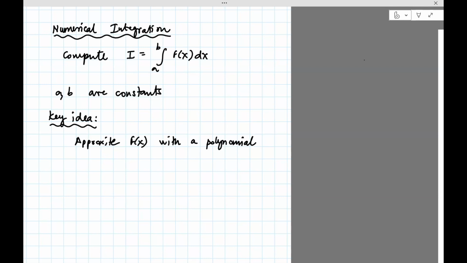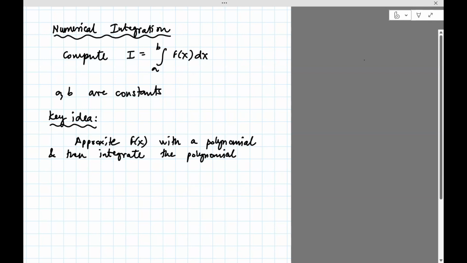We know how to compute the integral of a polynomial. It's very easy. We know the analytical formula. So we could use that in order to estimate the value of the integral. So approximate f of x with a polynomial and then integrate the polynomial.